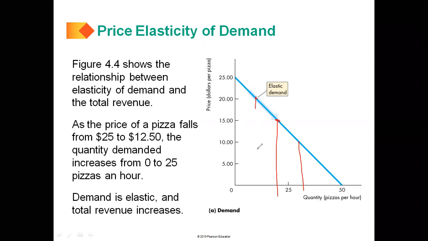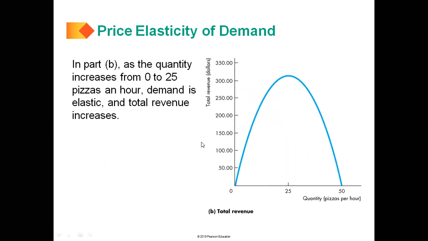Because the pizzas are, 20 times 25 is 500, I guess. So we're taking all those points and putting them in graphic form like this. And 25 times whatever the price was equals 300, and that sounds about right.